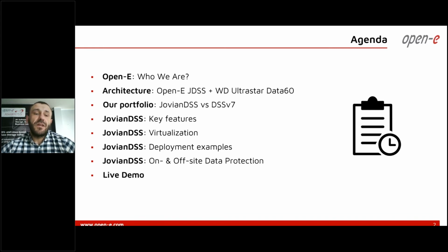And next, key features of our main product, JovianDSS. How we can position on the virtualization market, how we can combine it with hypervisors, a few words about deployment examples, also with, of course, VMware usage, and last but not least, one of our best features, offsite data protection, and whether JovianDSS can replicate your data securely to another location.